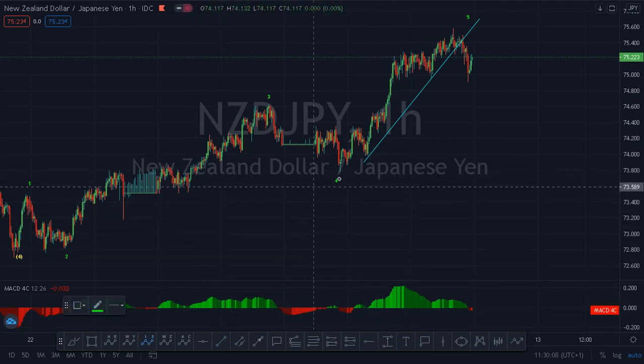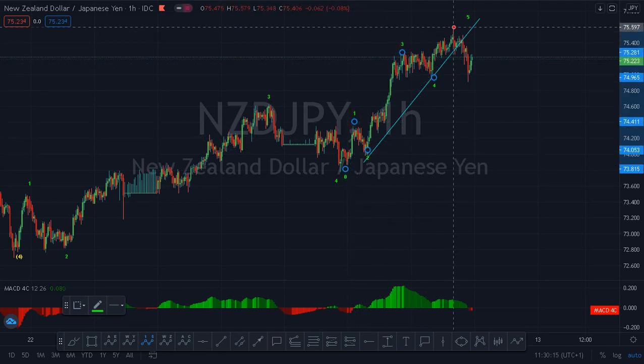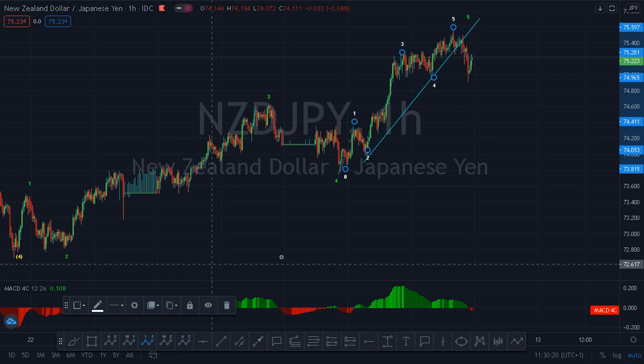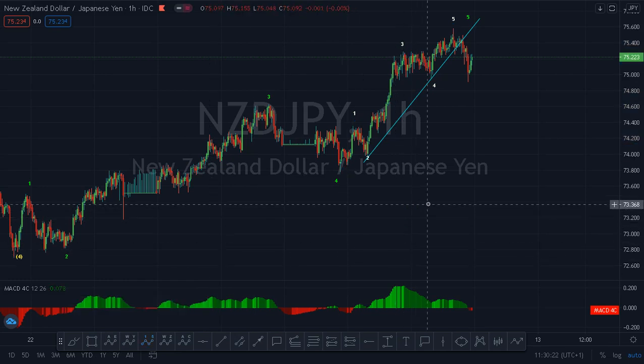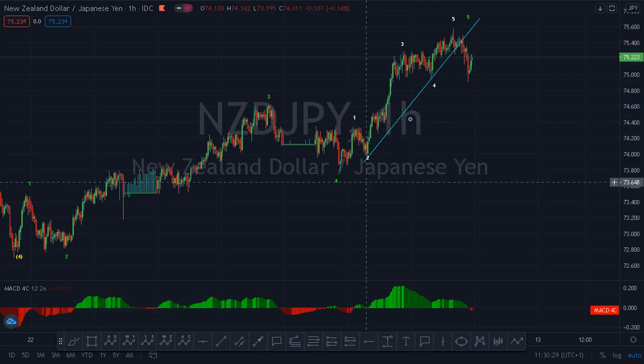The sub waves are also 5. 1, 2, 3, 4, 5. And according to Elliott wave theory, each impulse wave has 5 sub waves inside it. And perfectly, this 5th wave has 5 sub waves. 1, 2, 3, 4, 5.